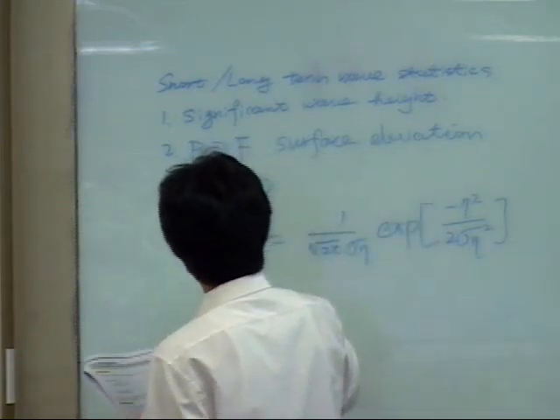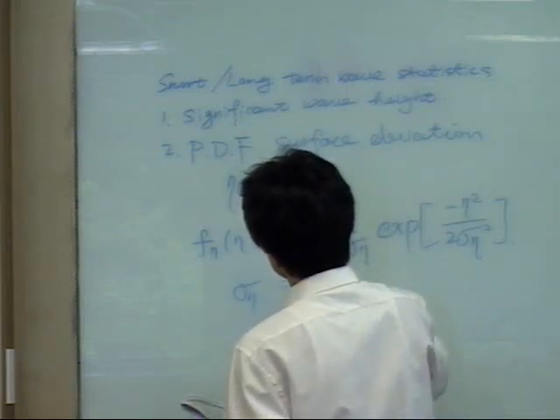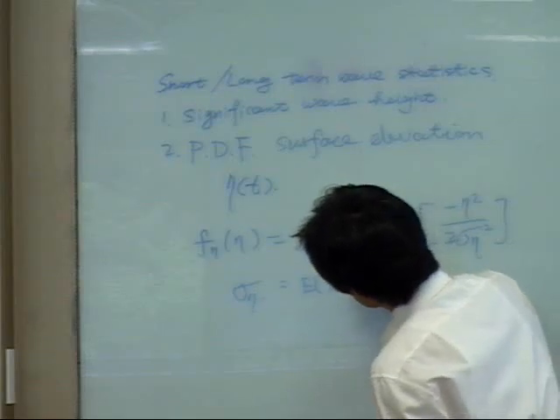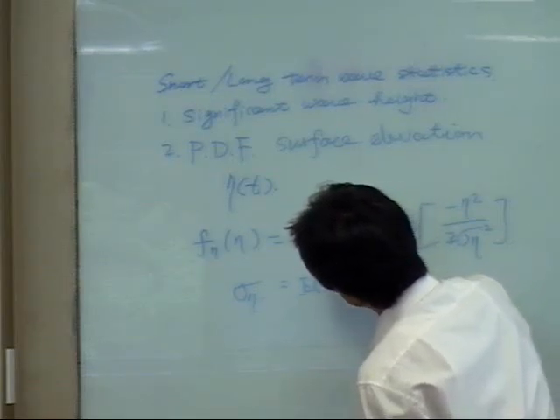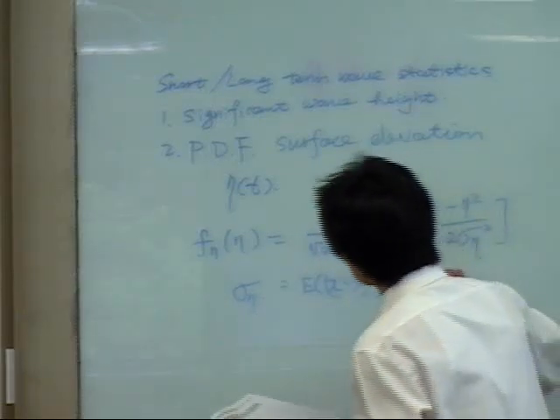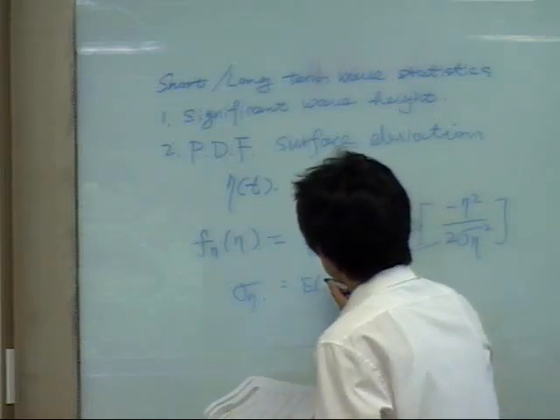Here sigma eta squared is the variance, which is what, right? This is supposed to be the mean squared, but since the mean of this is 0, it's just like this.